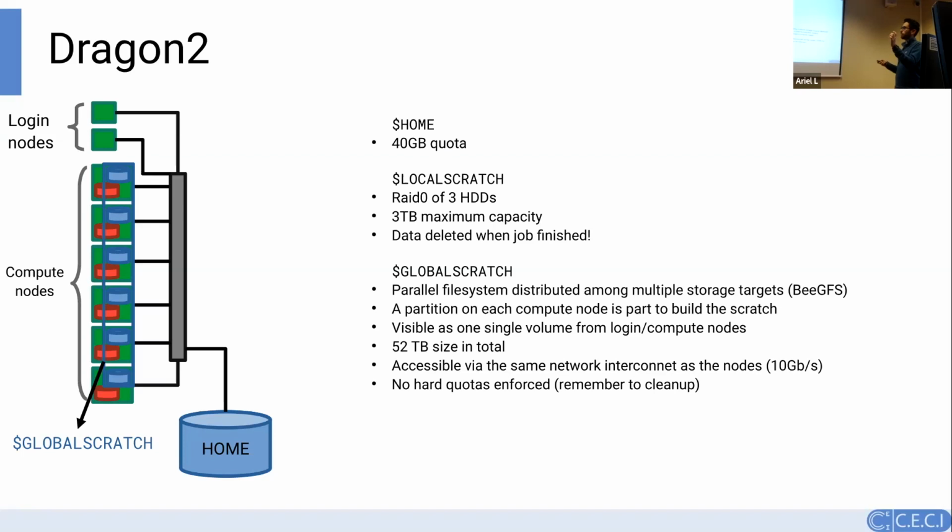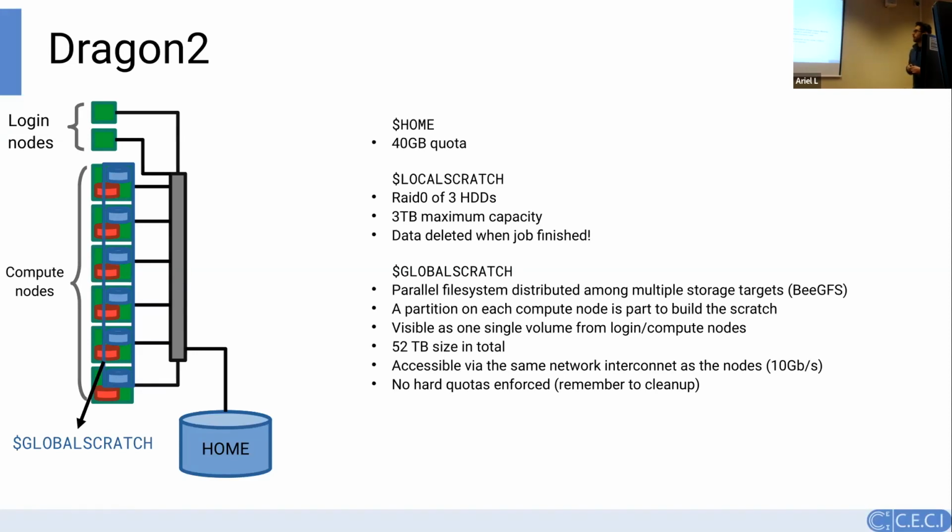So you have different bricks, if you want. Each brick is a small partition on each compute node, and all these bricks provide you the global scratch area. So you will see it again as a single file system, but the data is actually scattered among all the compute nodes. Here, I think you are sharing the network interconnect of all the compute nodes to build this single parallel file system.